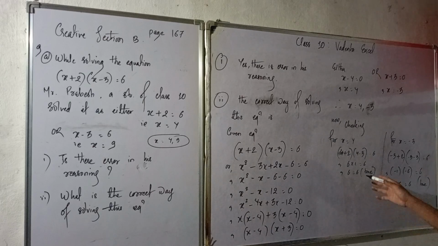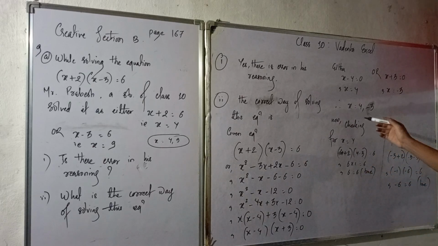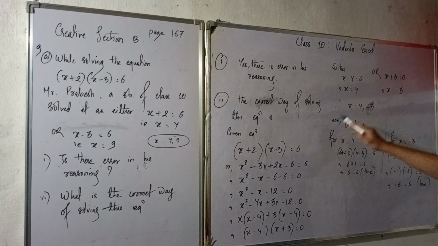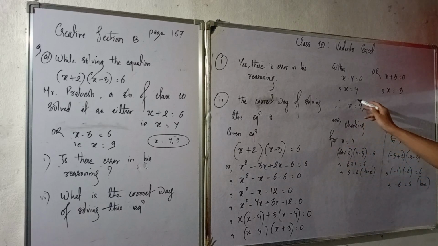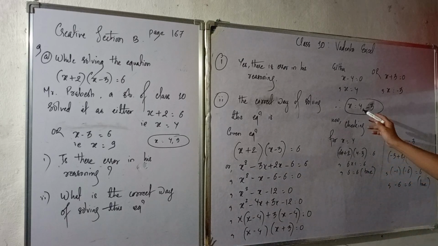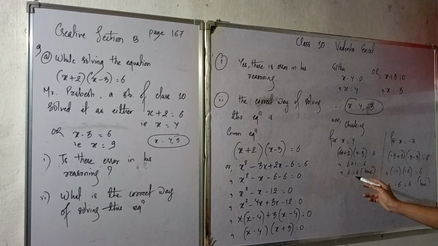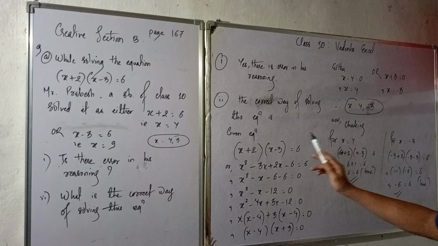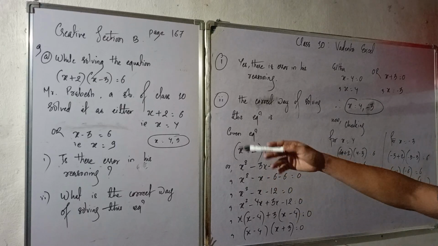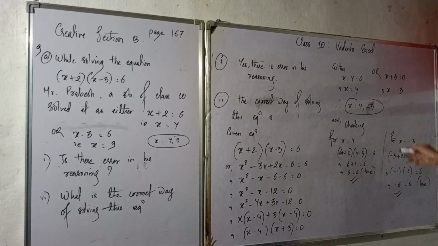So for both values, 4 and minus 3, when we substitute the value of x in this equation, it gets satisfied, which is true. And for the next value, minus 3, it also gets satisfied, which is true. So the correct way of solving this quadratic equation is this way.